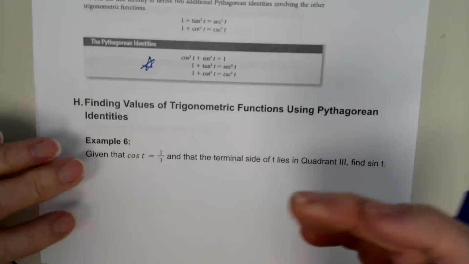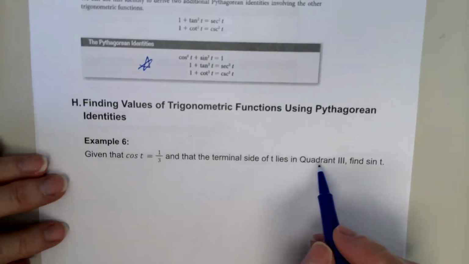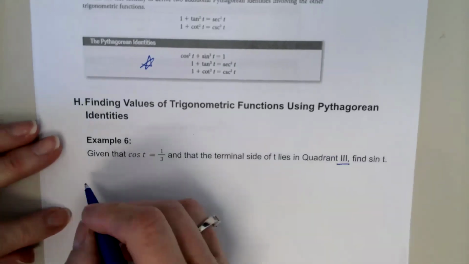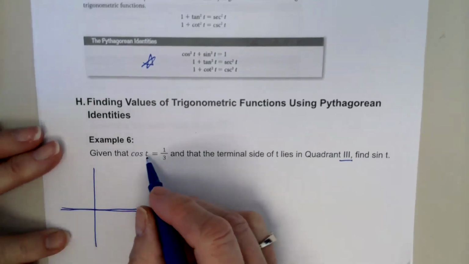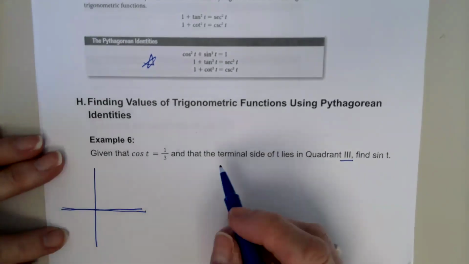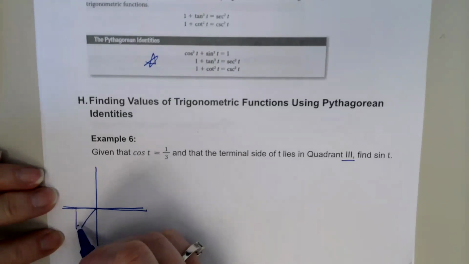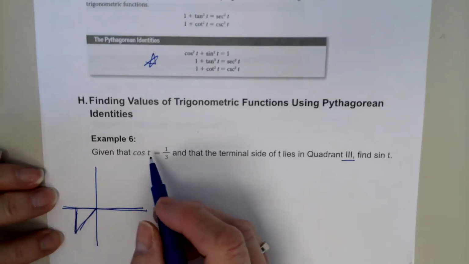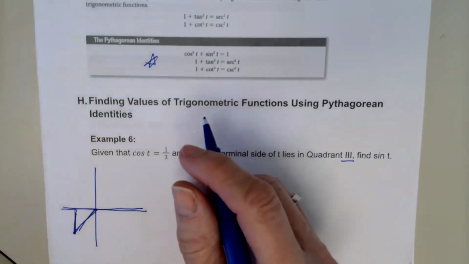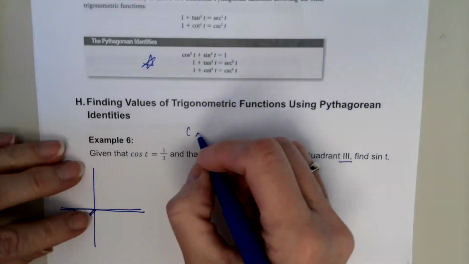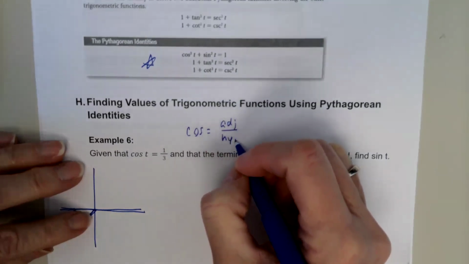So example 6 says, given that cosine t equals 1/3 and that the terminal side of t lies in quadrant 3, find sine of t. Okay, so the terminal side lies in quadrant 3, so it's in here. Cosine is, remember SOHCAHTOA, adjacent over hypotenuse.